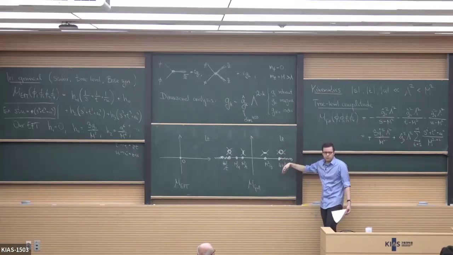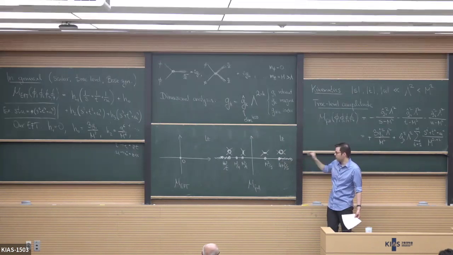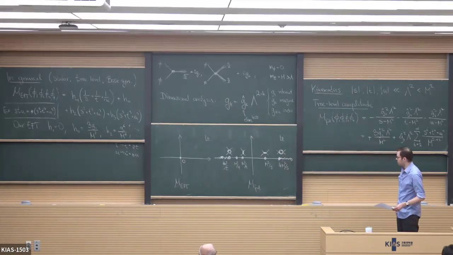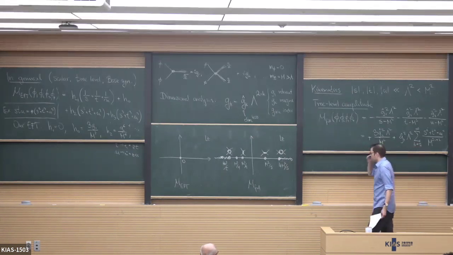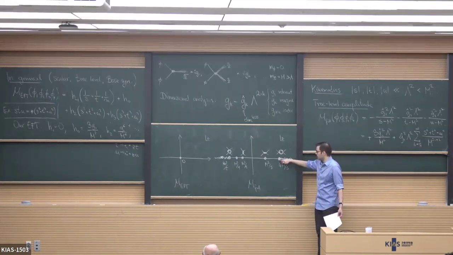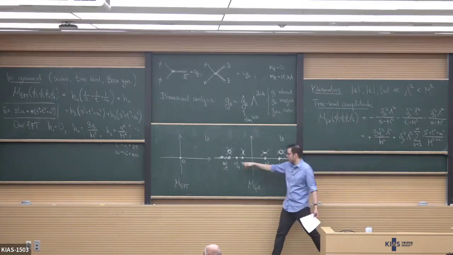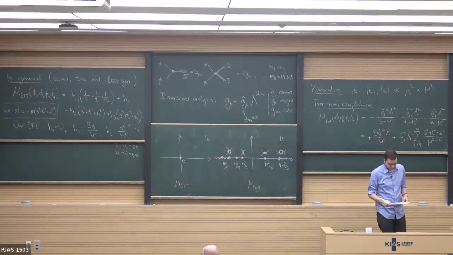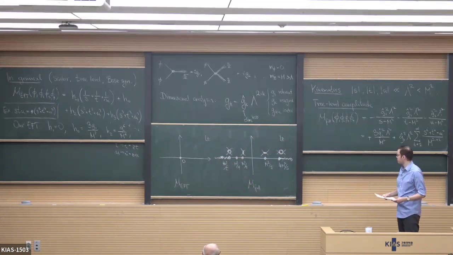There could be multiple thresholds, anomalous thresholds and stuff like that. But they're guaranteed to be on the real axis and always go either to the right or to the left. I can tell you after the lecture how we would prove this. Okay, excellent question.